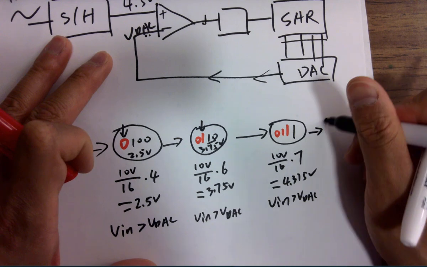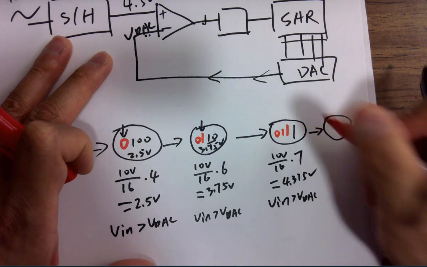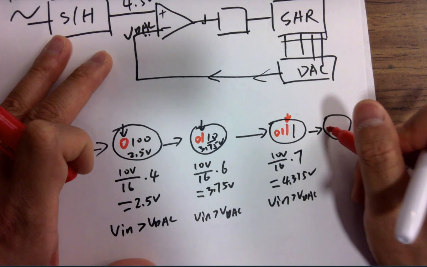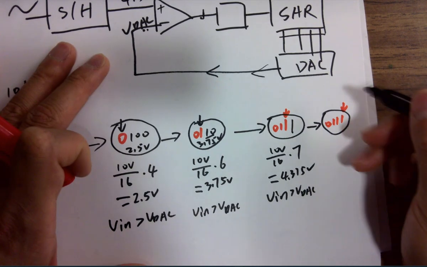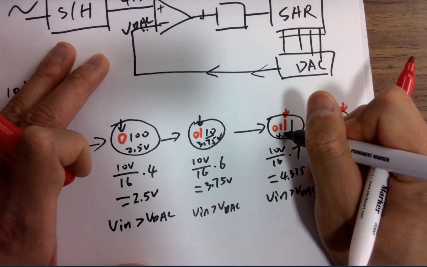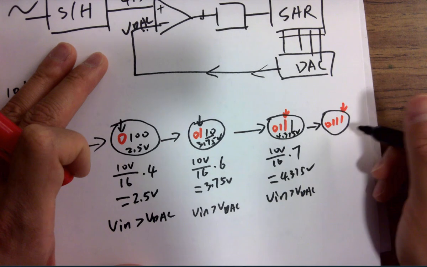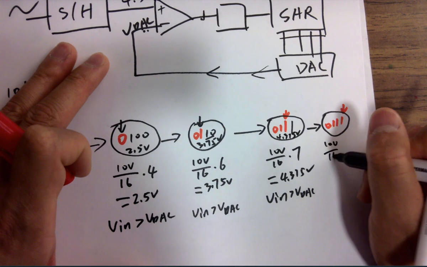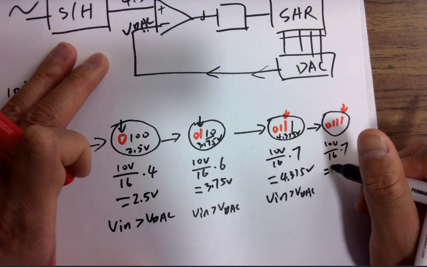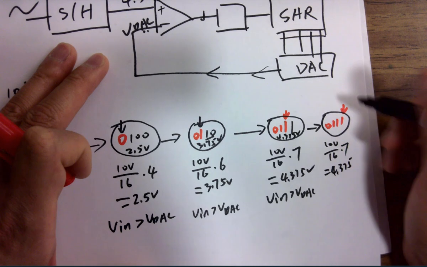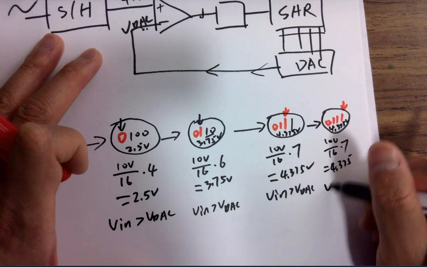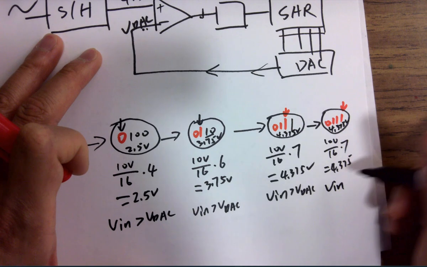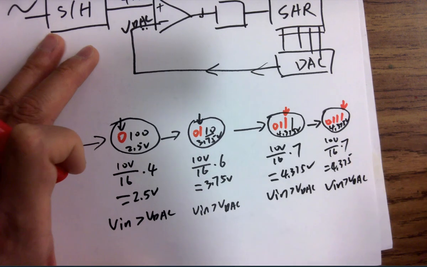Now we reach the last one. That was 0, 1, 1, 1, right? 4.375. This is 10 volts divided by 16 times 7 again. So we'll stop here. Not making any further improvement.